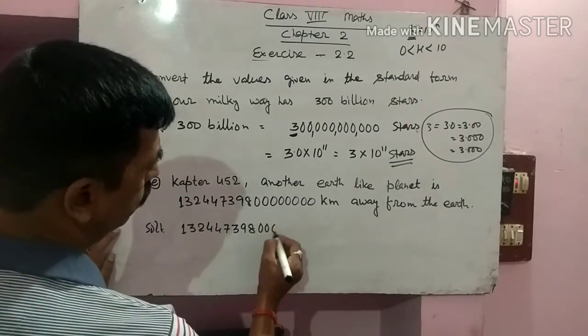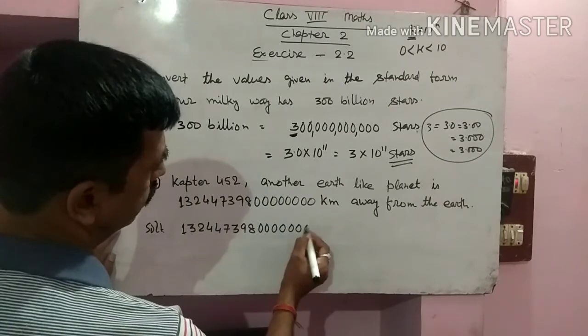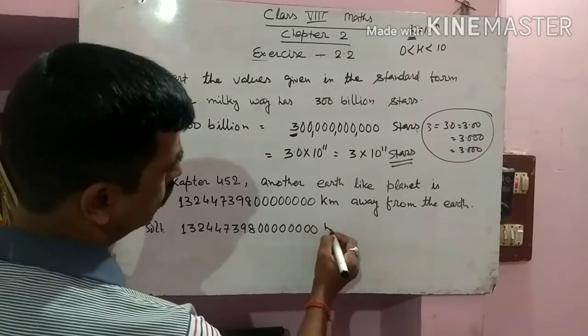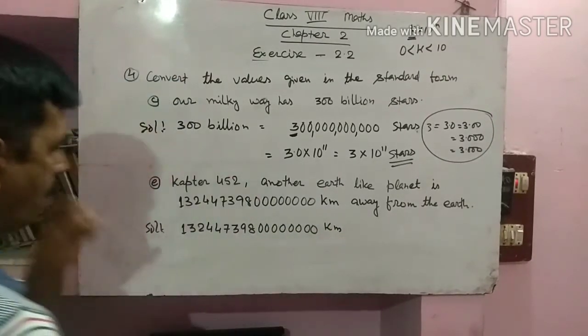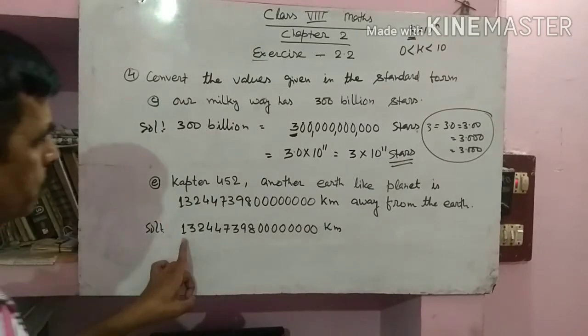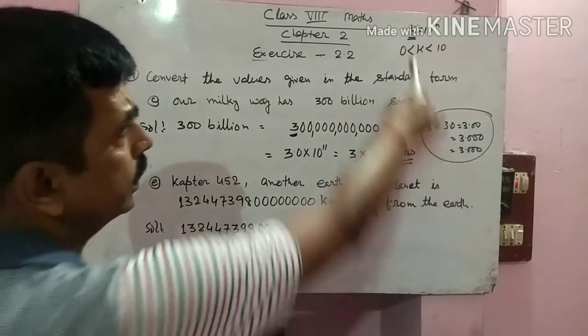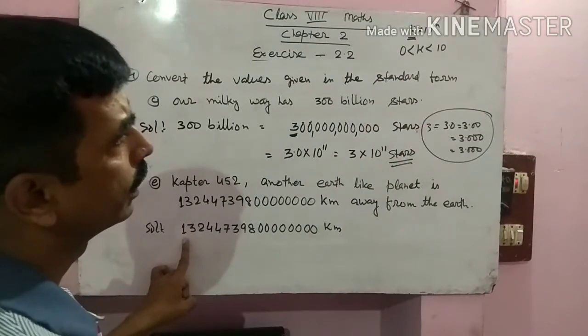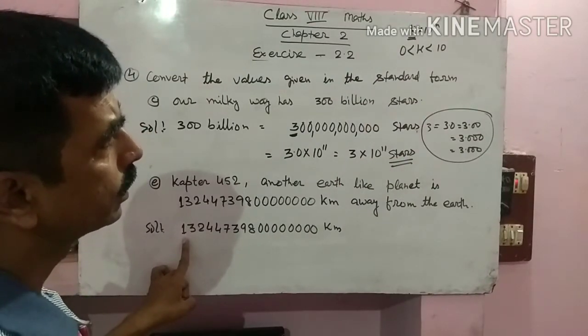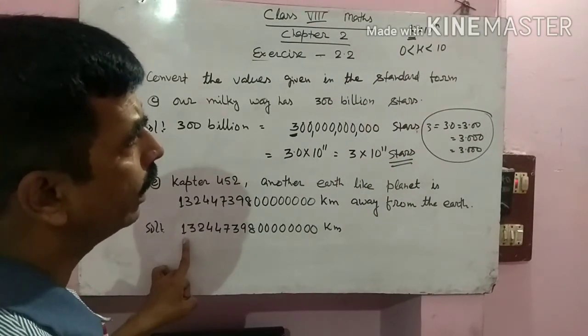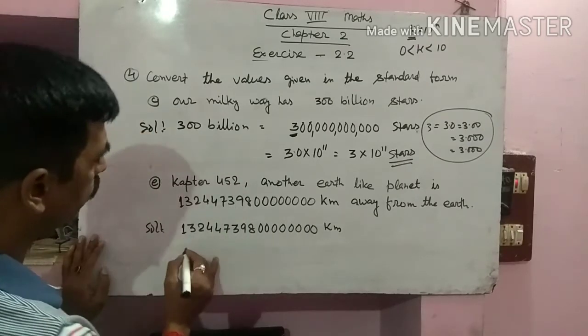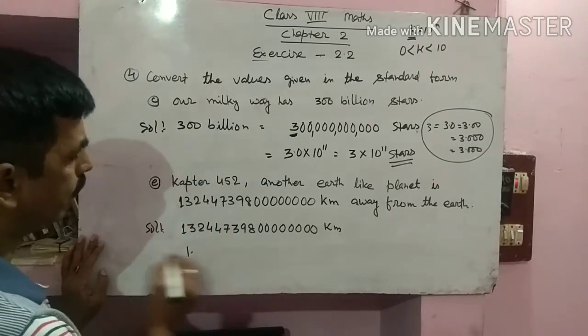The first digit, the value of k, should be greater than 0 and less than 10. So we write 1 point like this.